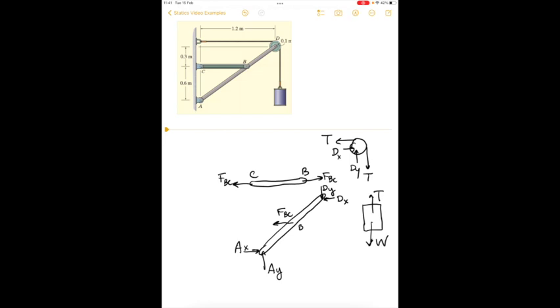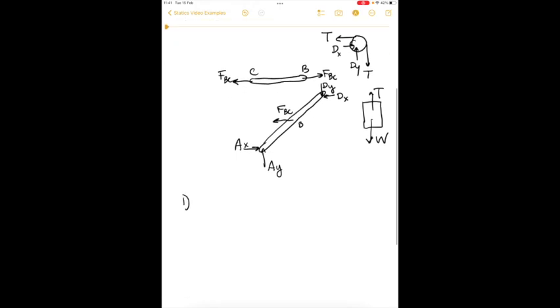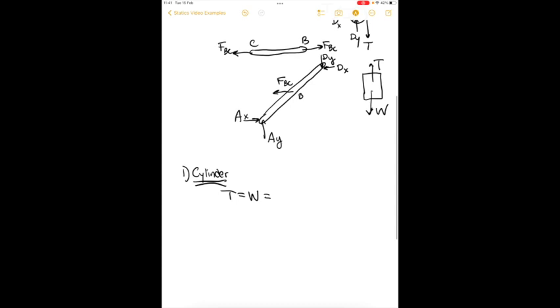So we'll break this down, starting with the easiest part. First thing we want to do is start with the cylinder. Very simple. T is equal to the weight. That's a 50 kilogram mass. So we see that T is equal to 490.5 newtons.